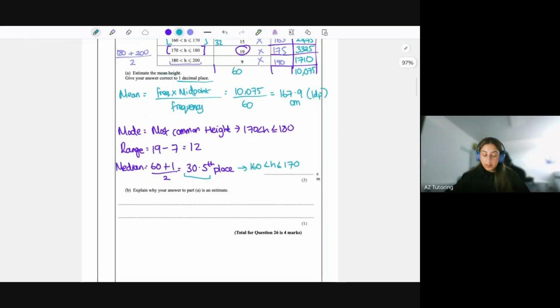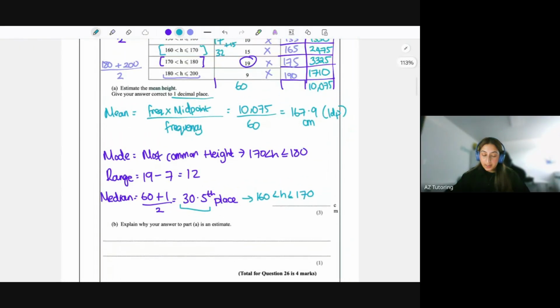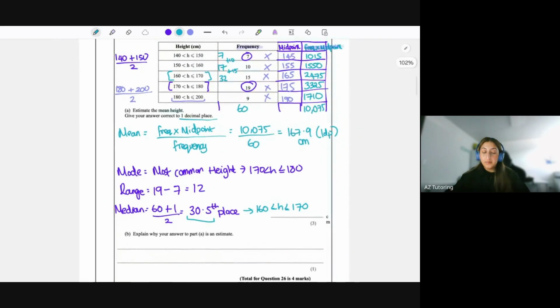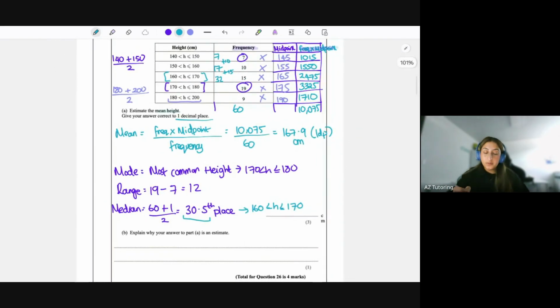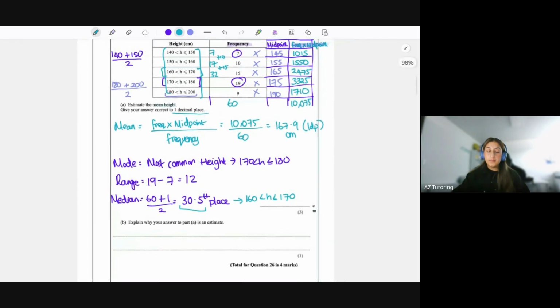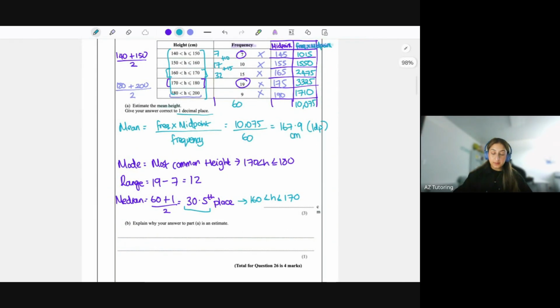So moving on, explain why your answer to part A is an estimate. The reason why it's an estimate is because we use the midpoint of these values, because these values were grouped in intervals. We had to use the midpoint, so it's not accurate.